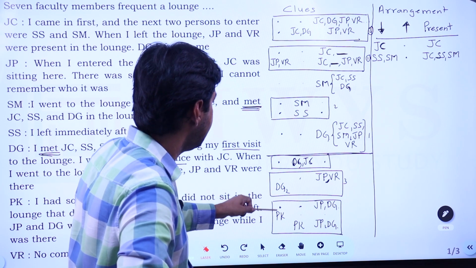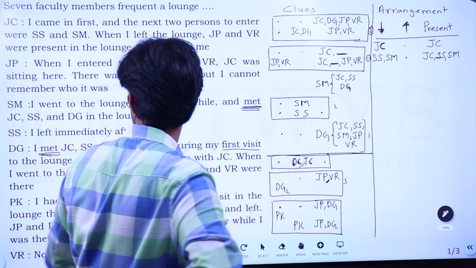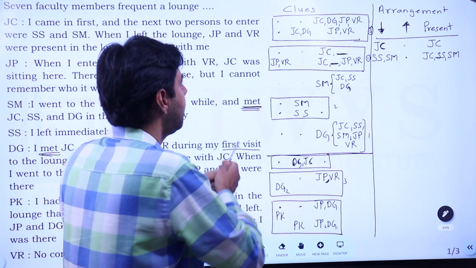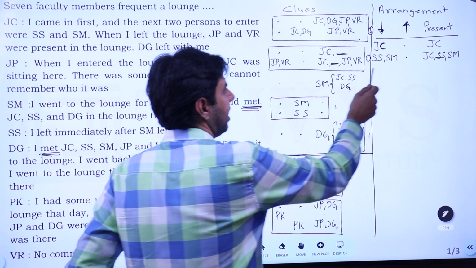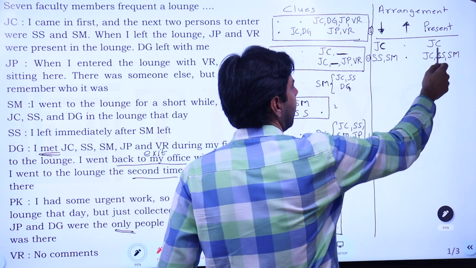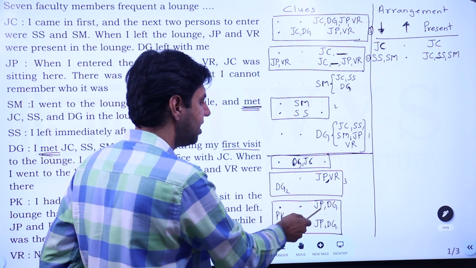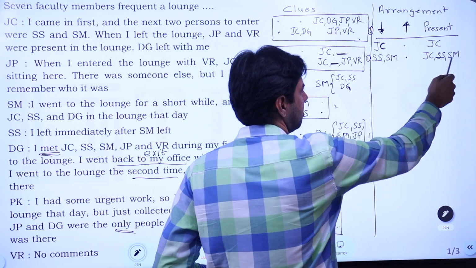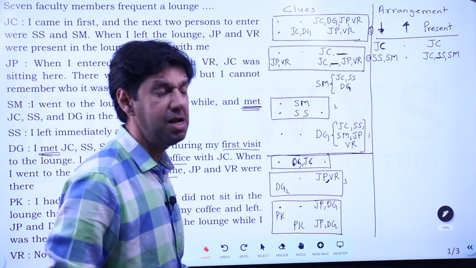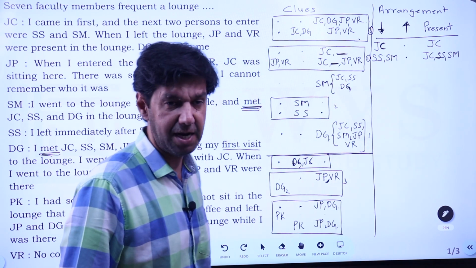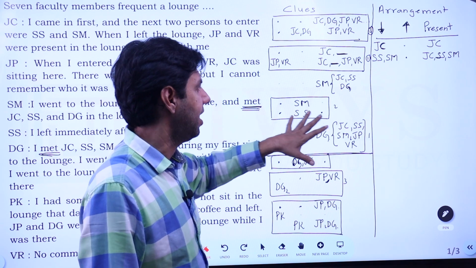Oh, this is second entry of DG. I have nothing about DG. Okay, PK or VR. If VR is entering, then he will enter with JP, and that's the same problem. They enter when there is JC and 1 person. PK enters when there's JP and DG, so that also doesn't seem possible. So I look at clues like this. Who can exit, who can come in? And overall, I have an idea.